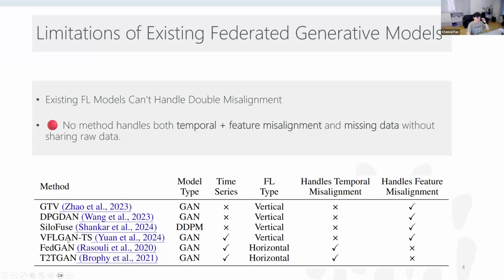Then VFL-GAN-TS is also vertical and can handle feature misalignment, but again assumes aligned time steps. So none of these methods are designed to handle both types of misalignment, especially in the presence of missing values and strict privacy requirements. This is a gap our method, FedTDD, aims to address.